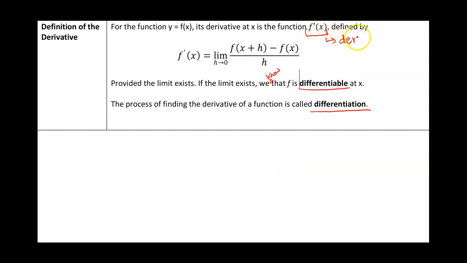This is the derivative, which is also the slope of the tangent line at x. And we can find the derivative given that the limit exists, and that process is called differentiation.